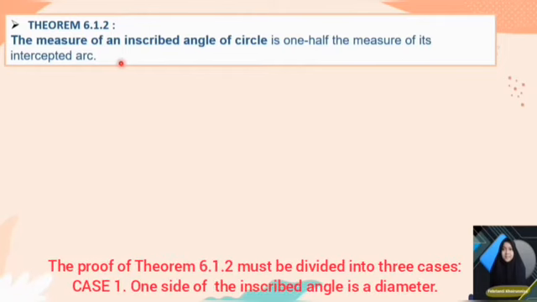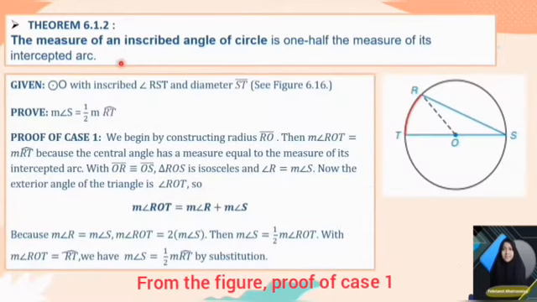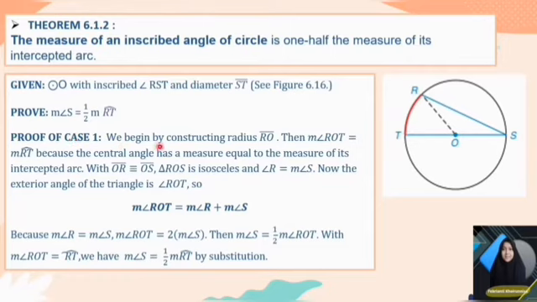The proof of Theorem 6.1.2 must be divided into three cases. Case 1: one side of the inscribed angle is a diameter. From the figure for case 1, we begin by constructing radius segment RO.